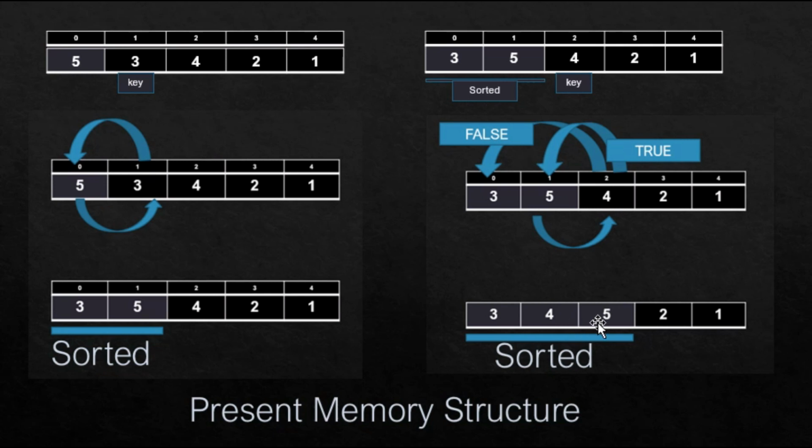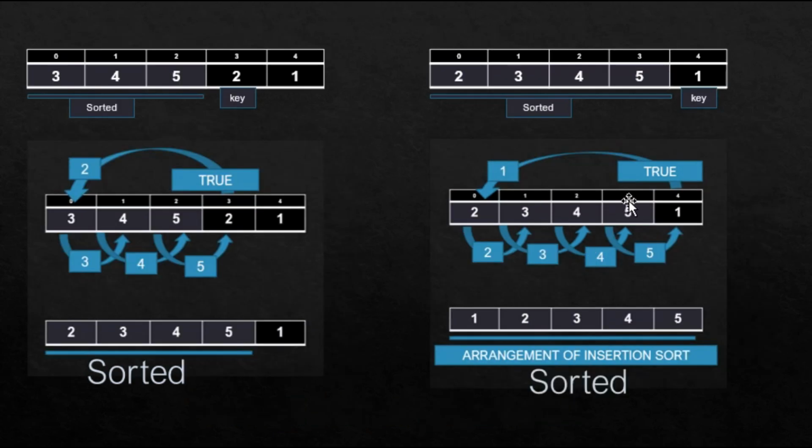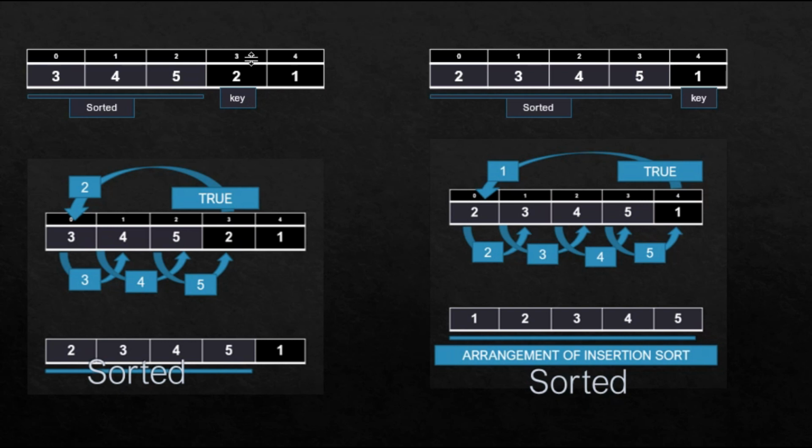So proceed tayo sa next key, which is 2. Compare ulit natin sa mga sorted element. 2 less than 3 is true. So 2 will be inserted to index 0. 3 will be moved into index 1. Yung key, i-compare lang natin sa mga sorted element.